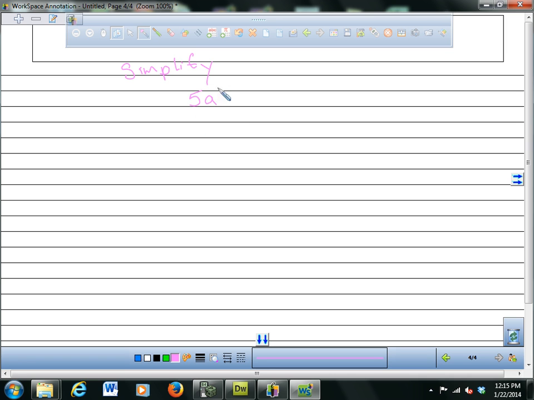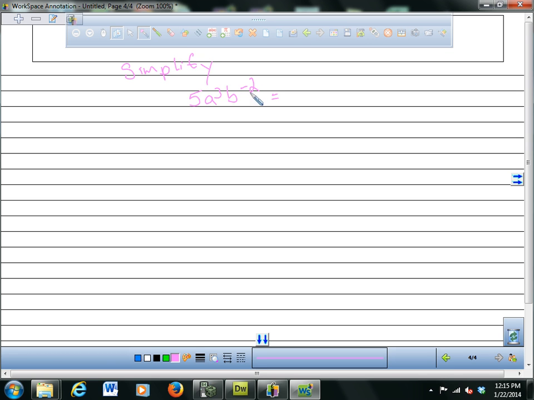5a to the third b to the negative 2. Okay? And usually by simplify, they mean get rid of the negative exponents. So how can I get rid of negative exponents? How can I make that negative 2 a positive 2?